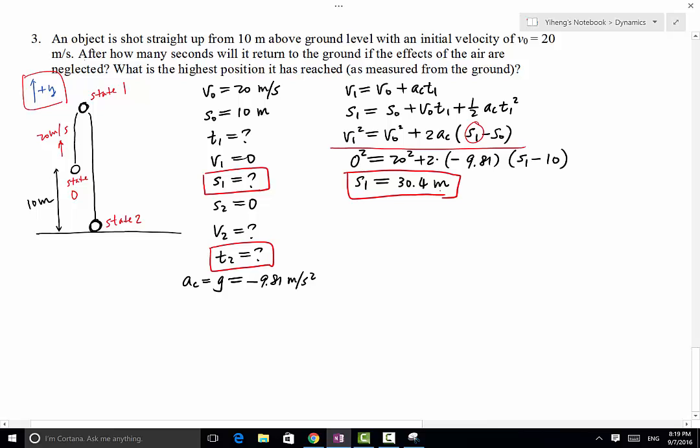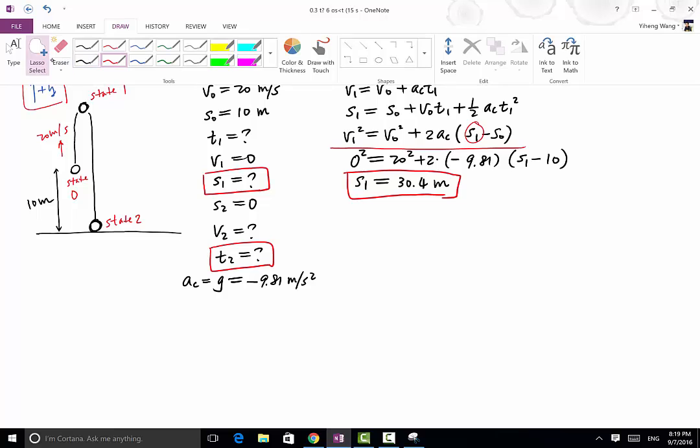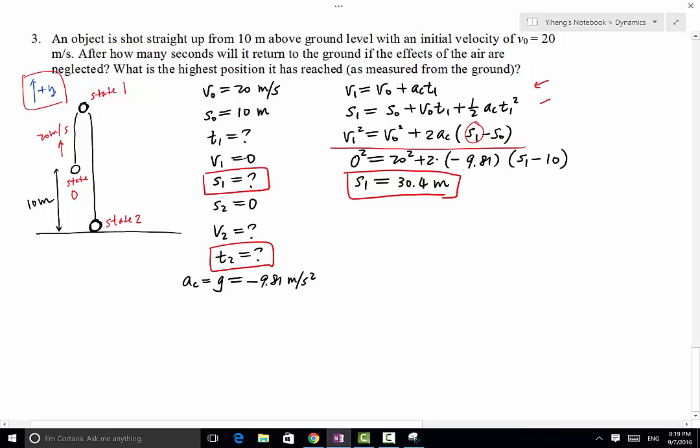For the second half of the problem, we again can apply the similar three equations to any two states. We can apply these three equations between state 0 and state 2, or between state 1 and state 2.